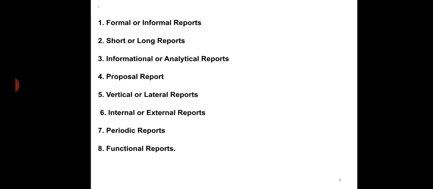Almost all reports could be included in most of these categories. So reports related to the functional areas of the organization are known as functional reports.